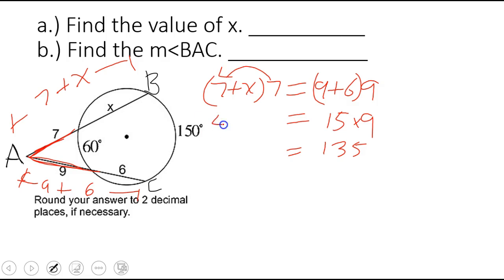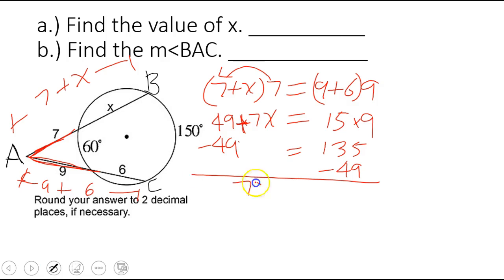So we get 49 plus 7x. Okay, so now we're going to subtract 49 from both sides. So we're going to have 7x equals 86. And then we divide by 7.